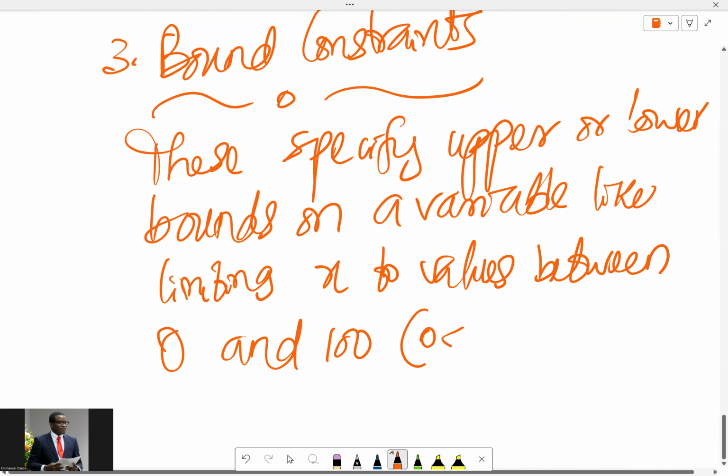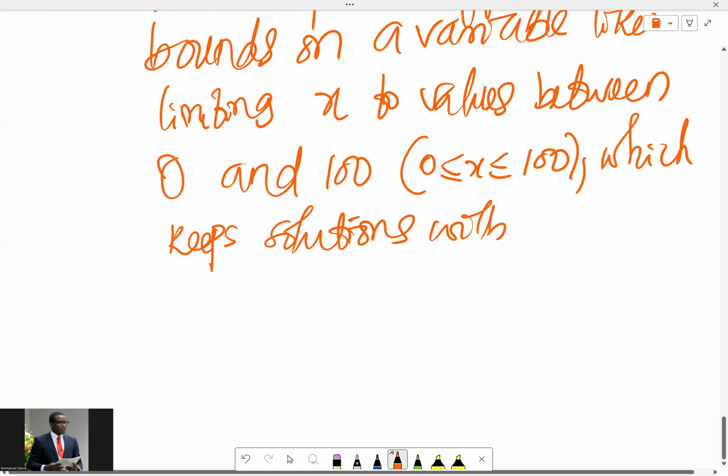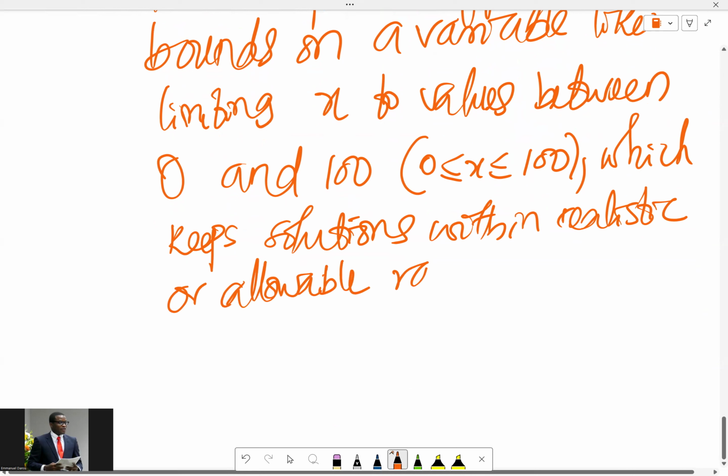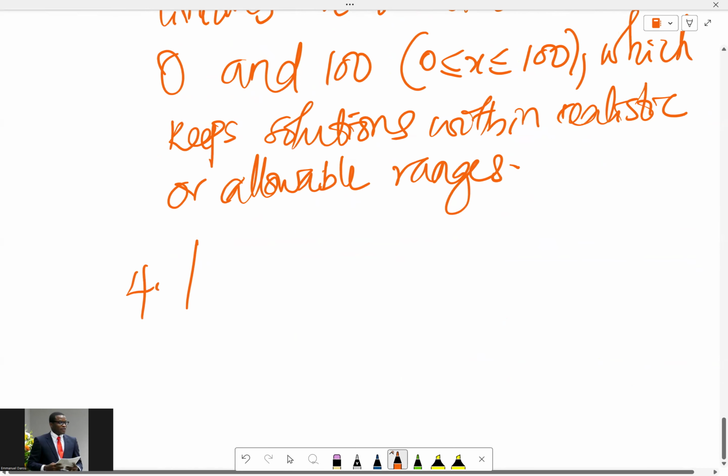So in this way, we have something like 0 is less than or equal to x is less than or equal to 100. Which keeps solutions within realistic or allowable ranges.